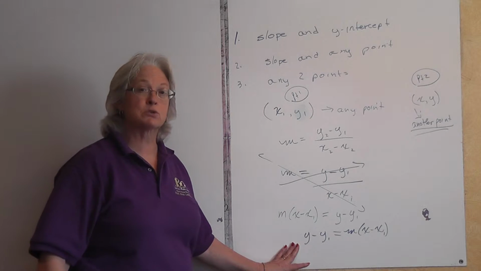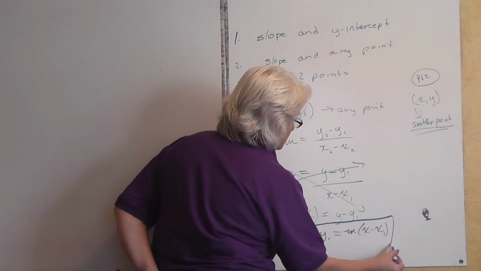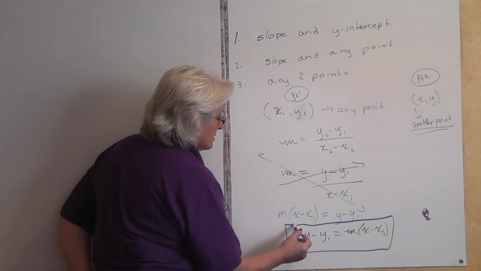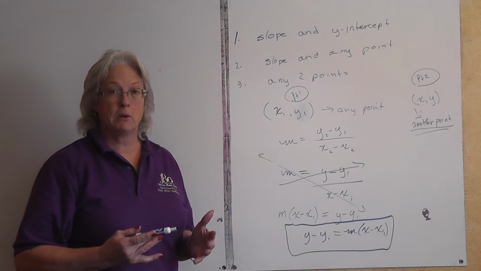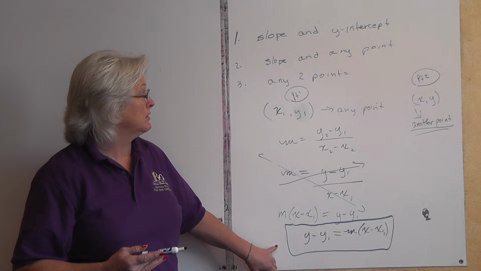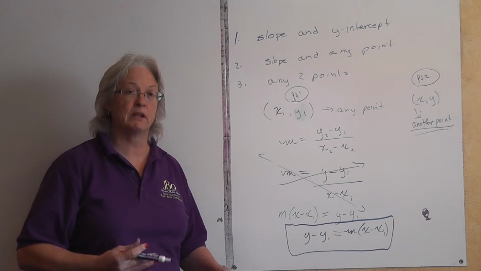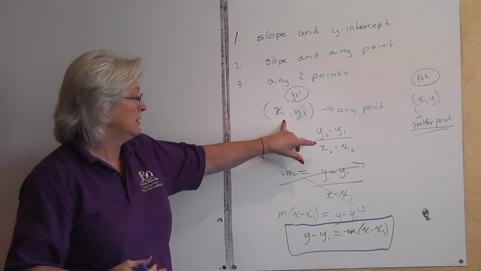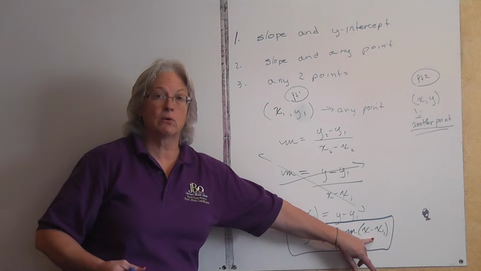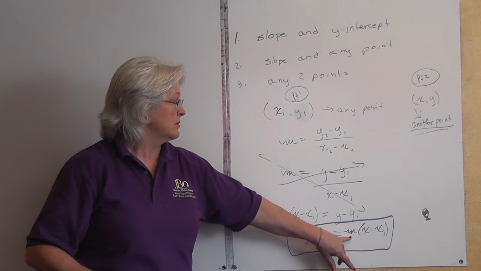And this is actually what we're looking for. This is a rather messy-looking equation, but this is what they're going to call the point slope form of the line. It's called the point slope form because we have any point which is represented by the coordinates x1 and y1, and we have the slope of the line.